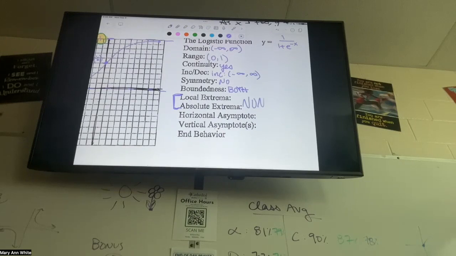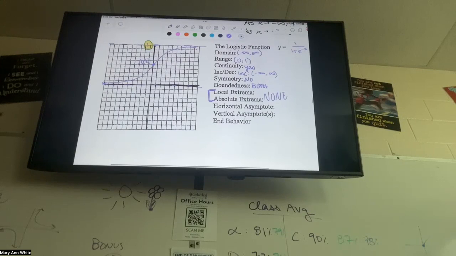So I would say none. What's the difference? Remember, local is close to you and absolute is over everything. Think about local stuff, like there are things at Cathedral that we hear about or care about that people in California don't hear about or care about, right? So local is close to you, absolute is of the whole graph.